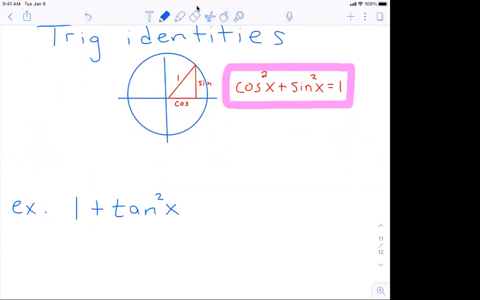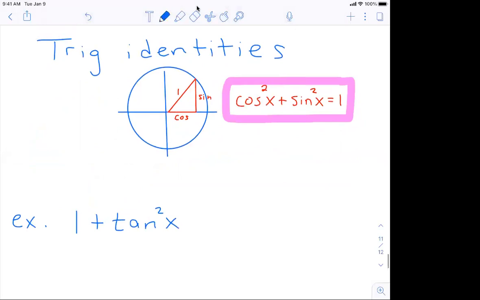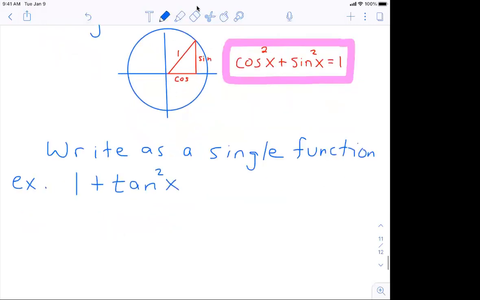All right, so how the heck does that happen? How does that help us if, you know, down here we are trying to write the 1 plus tan squared as a single function?